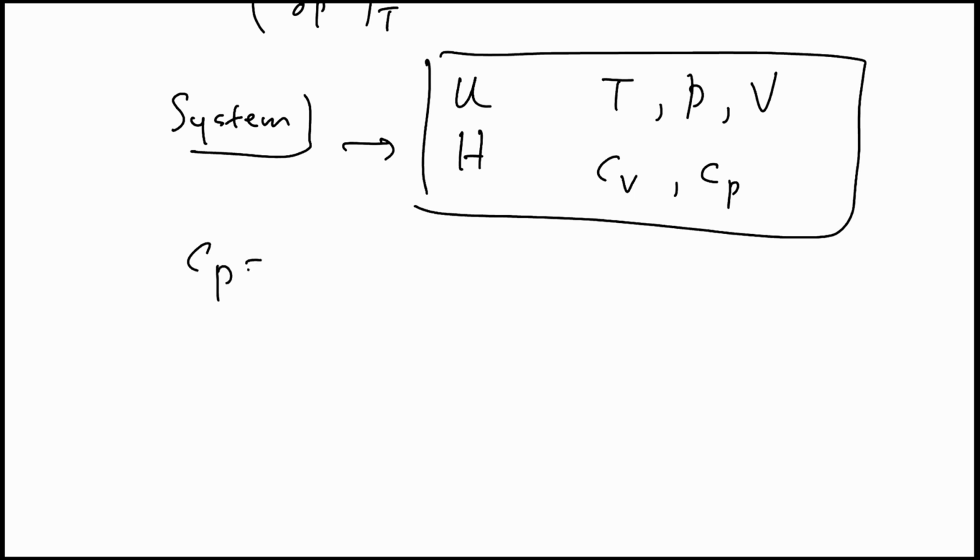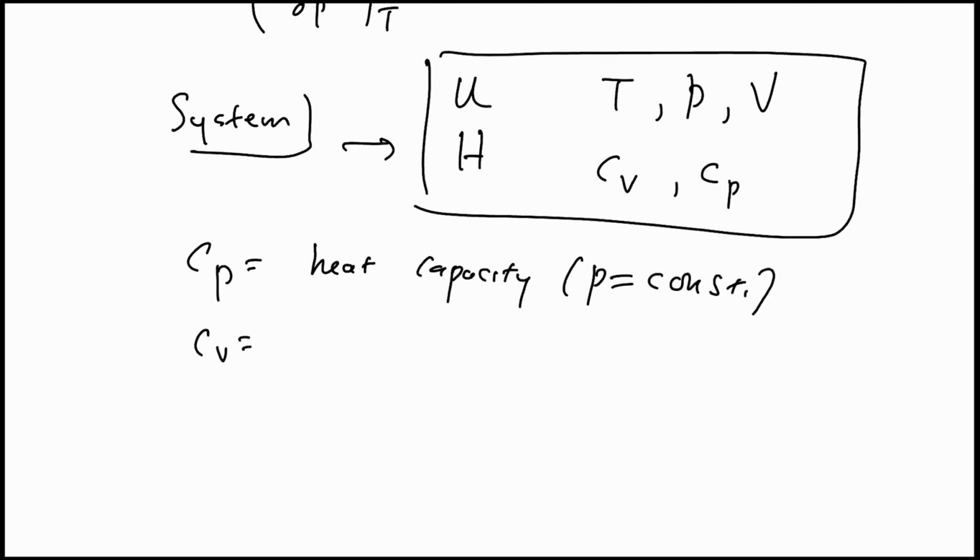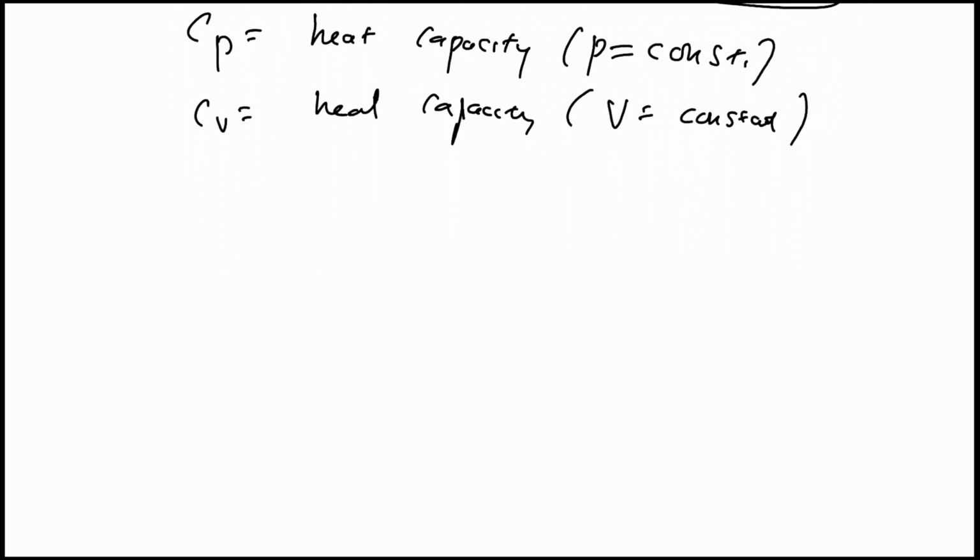And C sub P is the heat capacity with pressure constant. Remember, C sub V is the heat capacity when volume is constant. So let's go back to this problem here. V naught, T naught, and then we add heat at constant volume.